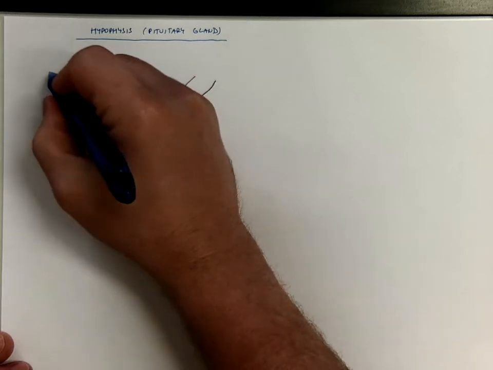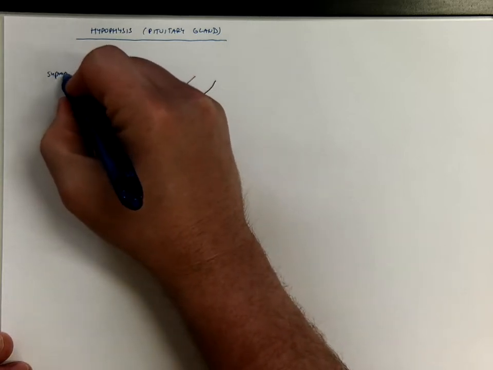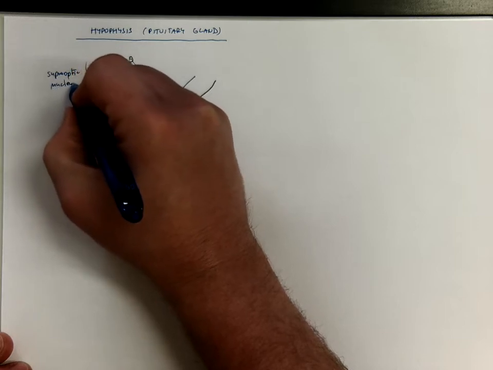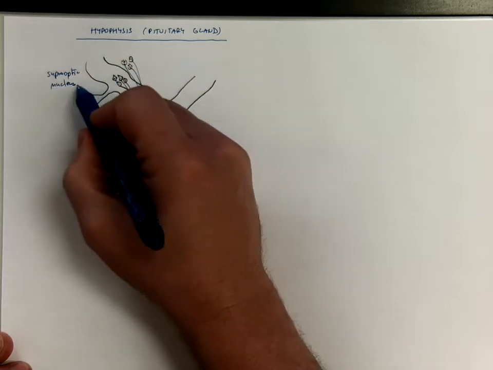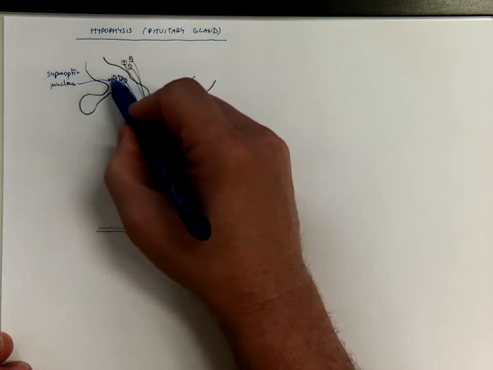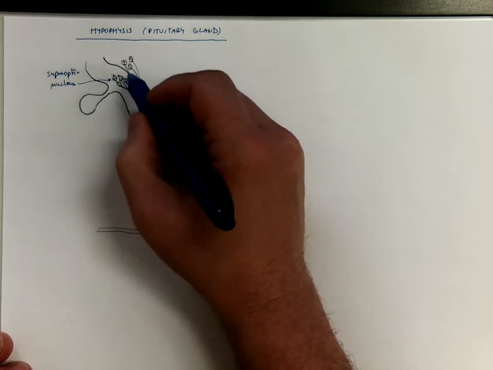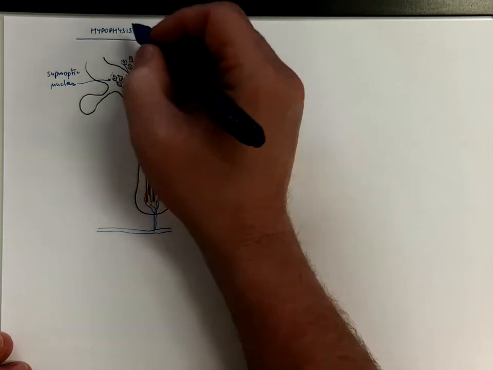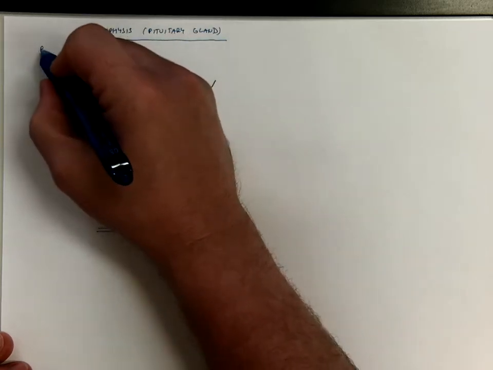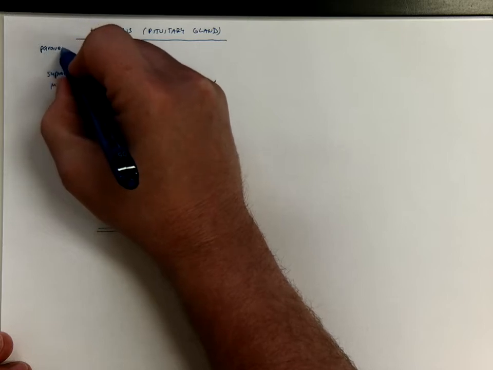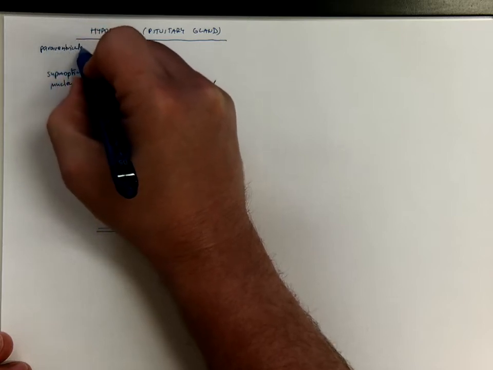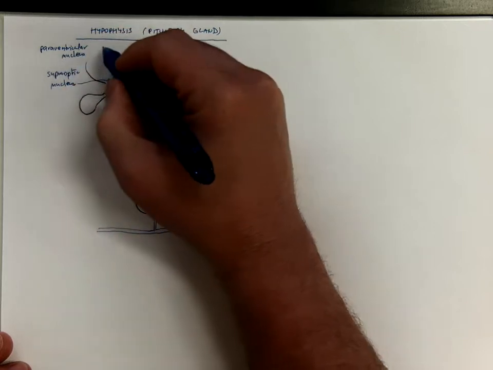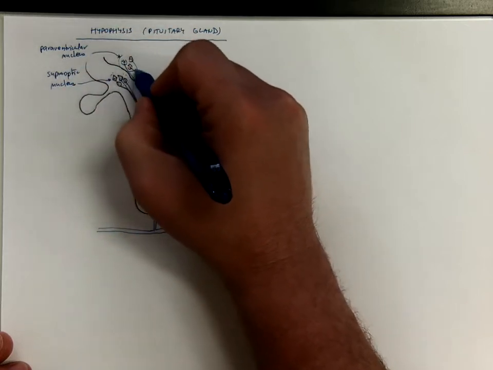This is the supraoptic nucleus. A nucleus in this context means a group of cell bodies of neurons. Here will be the paraventricular hypothalamic nucleus with its neurons.